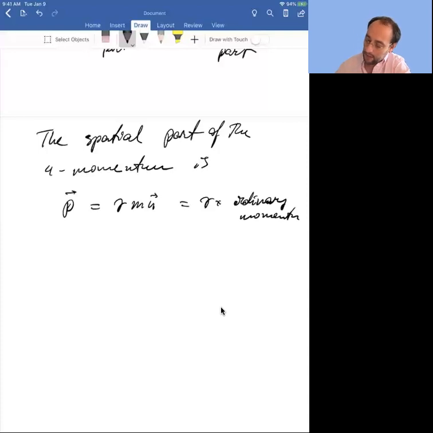Even though I use the letter p, it's not the ordinary momentum. This part is the ordinary momentum. And explicitly, this is the ordinary momentum divided by this square root business.